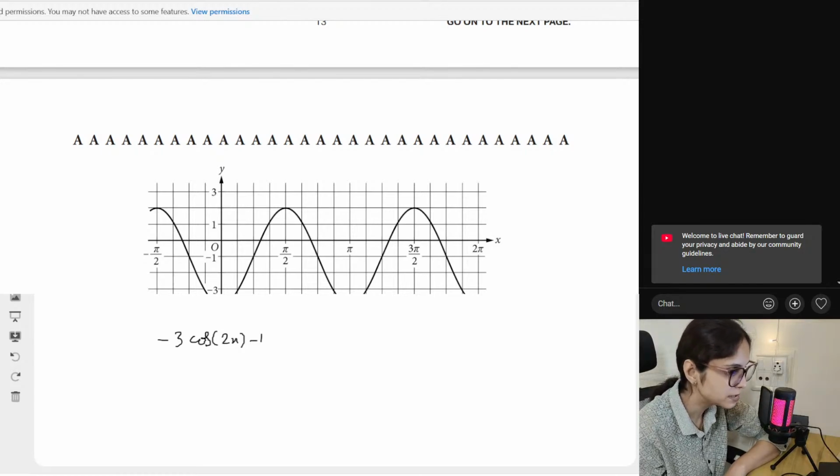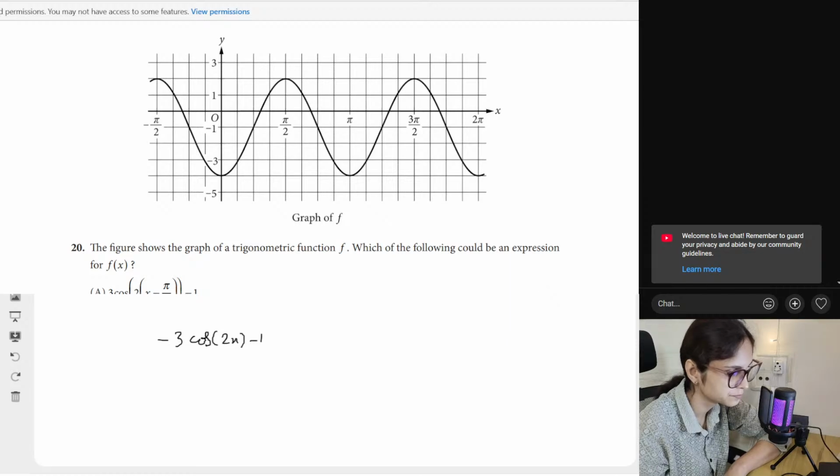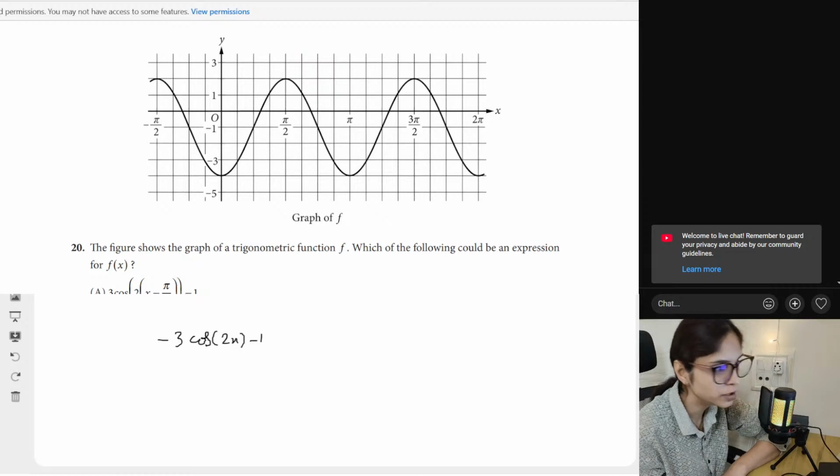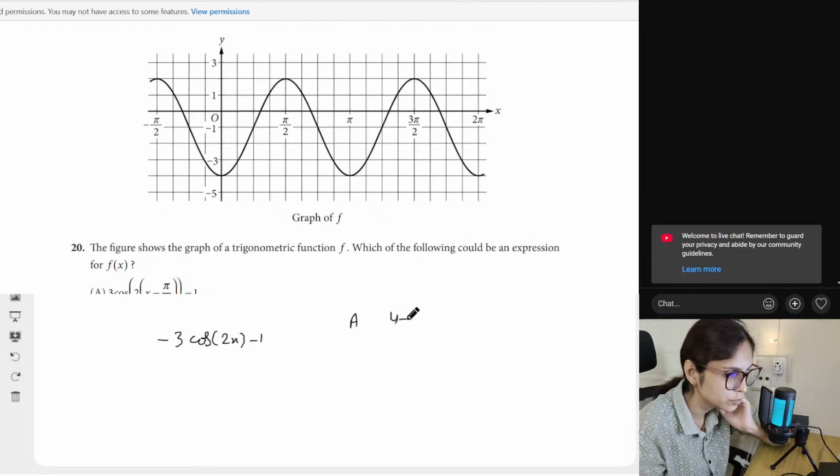Why can I say that? Because if you look at the graph, the maximum is 2 and the minimum is -4. So your amplitude is max minus min over 2, so 4 plus 2 over 2, that is 3.